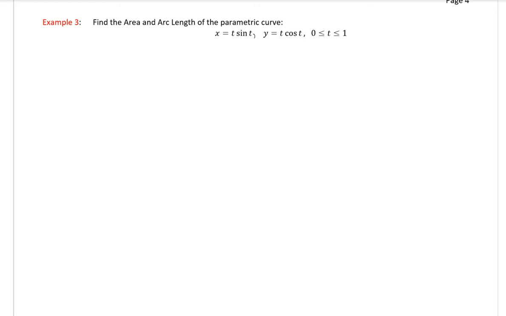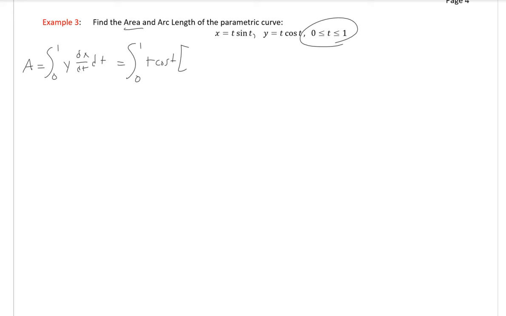Okay, first area. Area is actually going to be the tricky one here. So area from the previous formula is the integral of y dx/dt dt, and 0 and 1 are my bounds. So then y is t cosine t, and the derivative of x, we can find that.